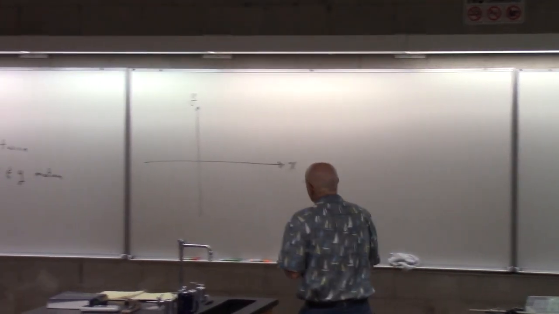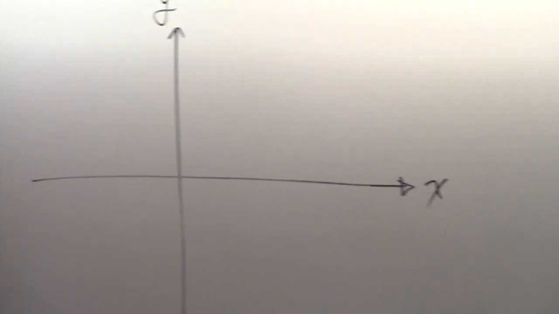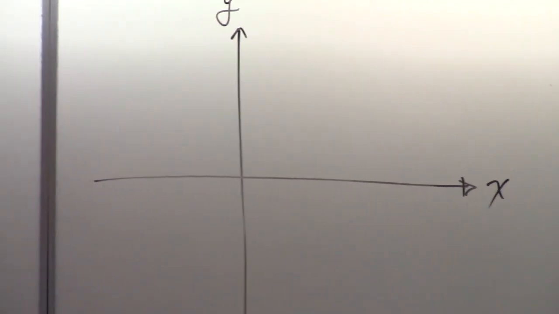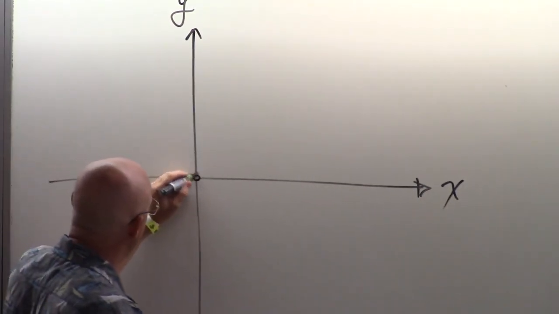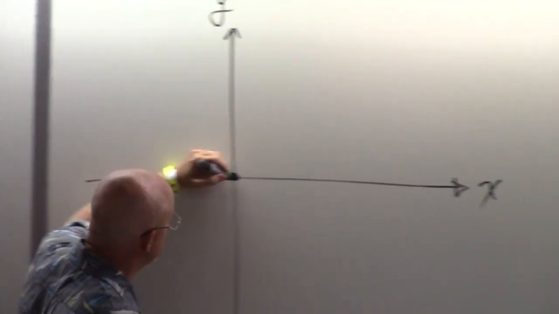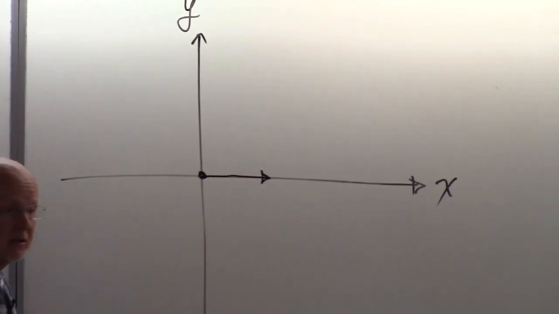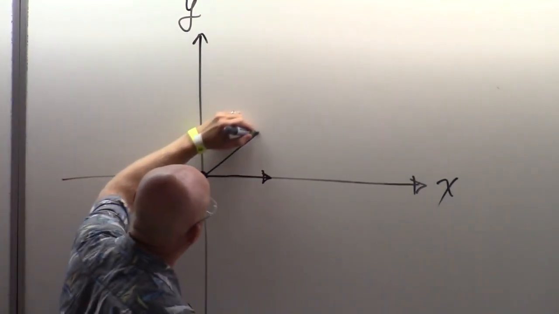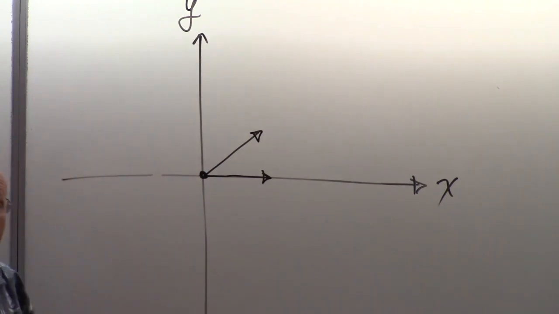Okay, so back to this grid here, we're going to have some kind of positioning of it, and let's just say we're going to then throw an object. I could maybe throw it straight along the x-axis. I suppose I could throw it in a combination of the x and the y-axis.